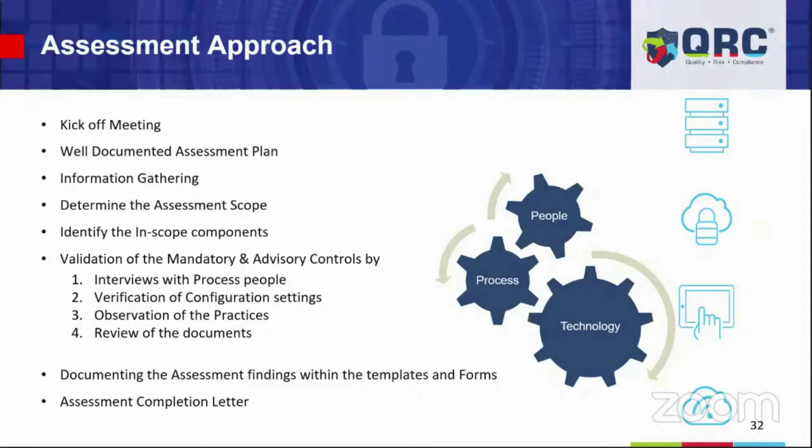Further, there are the records. From an authenticity point of view, we should review documents like policies, procedures, and risk assessments. So predominantly, you can validate control implementation by any of these methods, or a combination of interviews, verification of settings, observations, and document review.